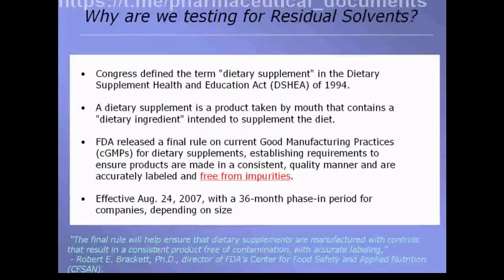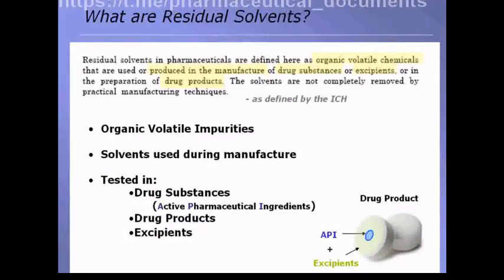What we also have seen is effective August 24th, 2007, there will be a 36-month phase-in period for companies, depending on size. So, to operate under current good manufacturing practices and to test for residual solvent impurities, most people are turning to the USP 467 as the way to test for them. So that's what we will discuss in this presentation.